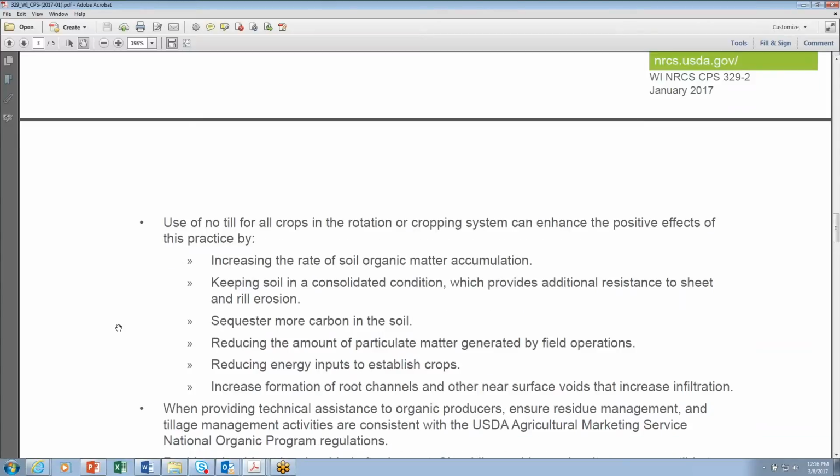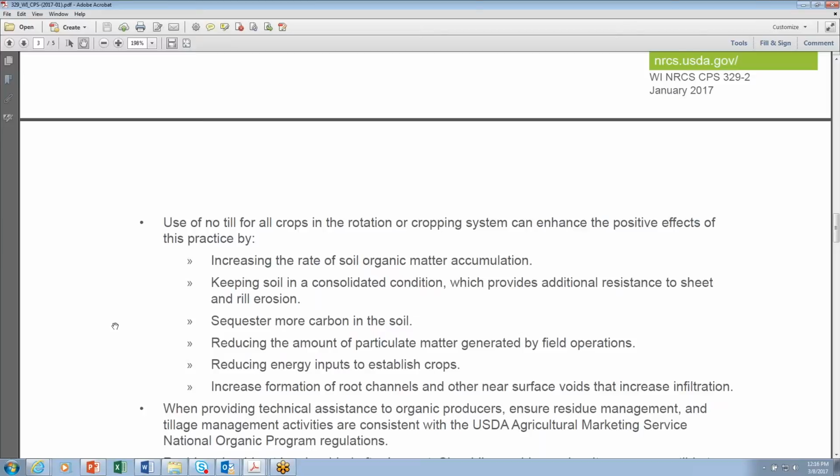Some of the things that we should pay attention to that are beneficial is to increase the rate. It will increase the rate of soil organic matter accumulation. And that's one of the most positive reasons to really push somebody towards no tillage. Keeping soil in the consolidated condition, which means all indicators, all the soil health qualities are maximizing.